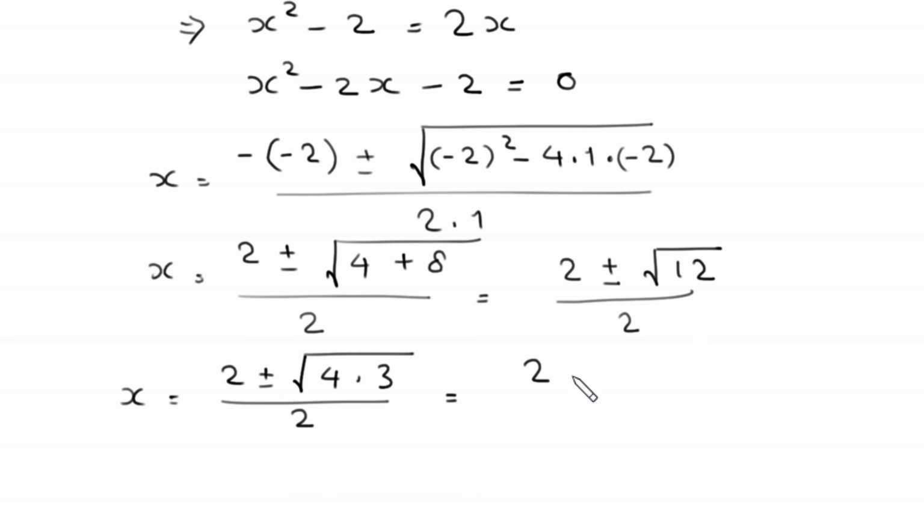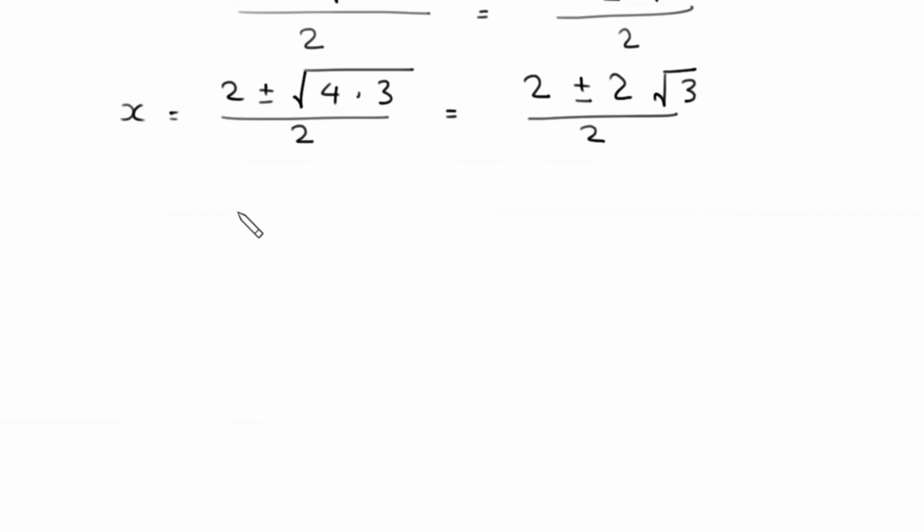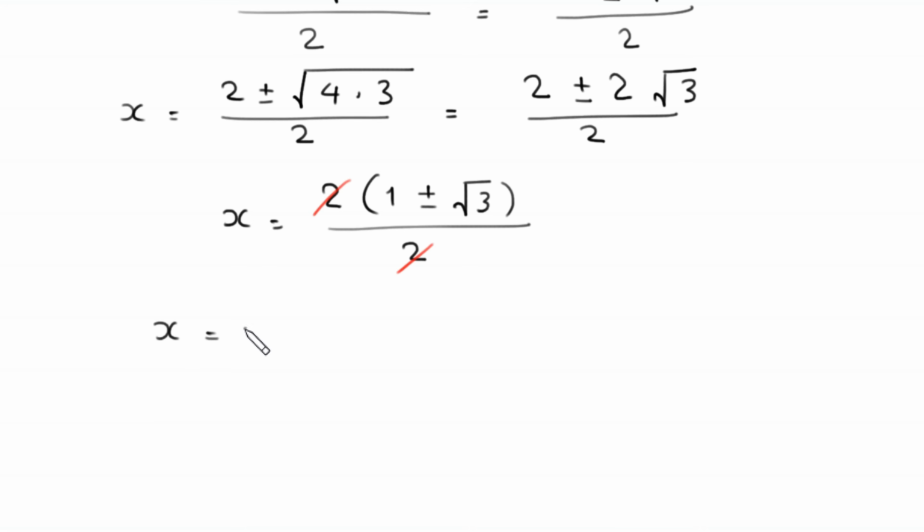This is equal to 2 plus minus square root of 4 is 2 times square root of 3 divided by 2. Next, x is equal to, from the numerator we can factor out 2, in bracket left 1 plus minus root 3, divided by 2. This 2 will be cancelled out with this 2, and from here we get two values of x. x is equal to 1 plus root 3 and x is equal to 1 minus root 3.